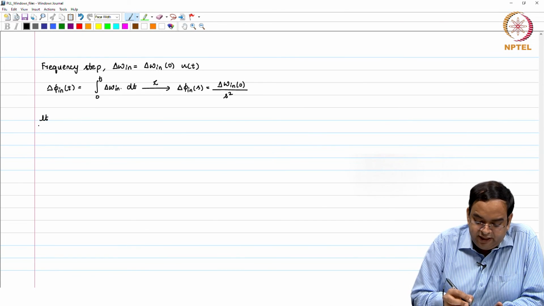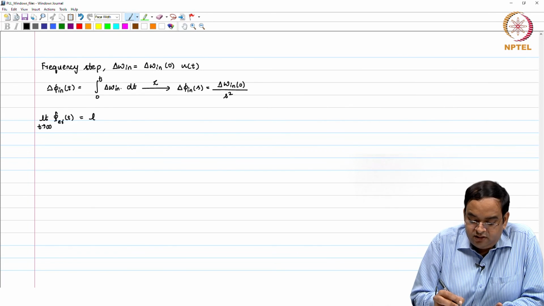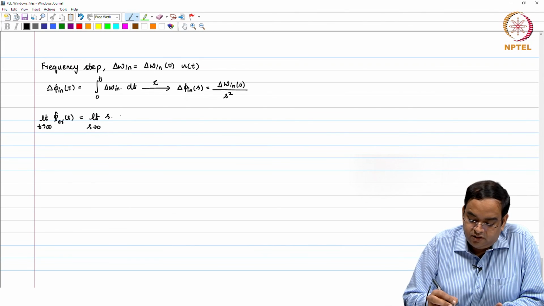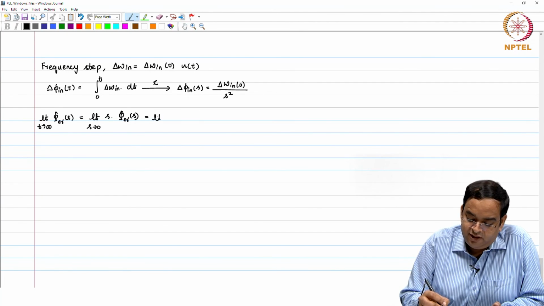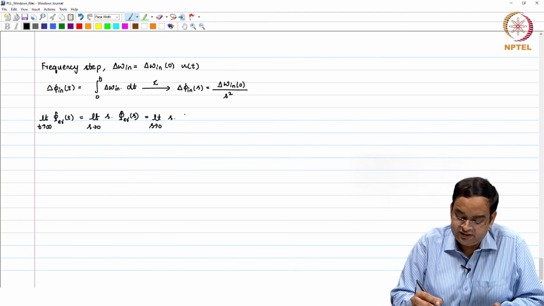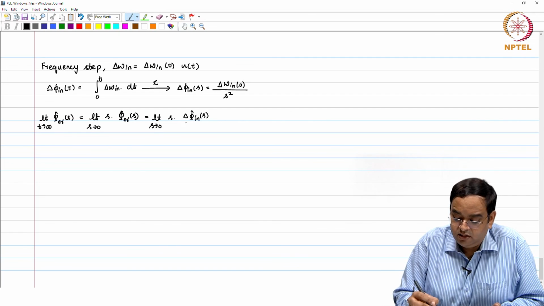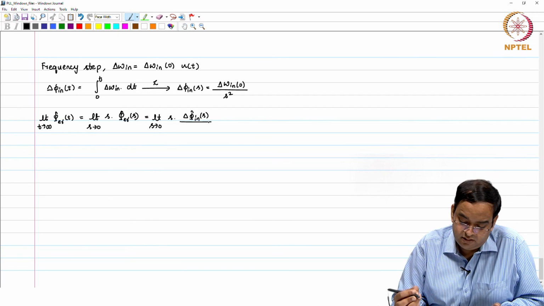We would like to find what is the phase error as t tends to infinity for the frequency step. This is going to be the limit s tends to 0 of s times delta phase error of s, which is equal to the limit s tends to 0 of s times delta phi in of s divided by 1 plus loop gain, that is, multiplied by 1 by 1 plus loop gain.